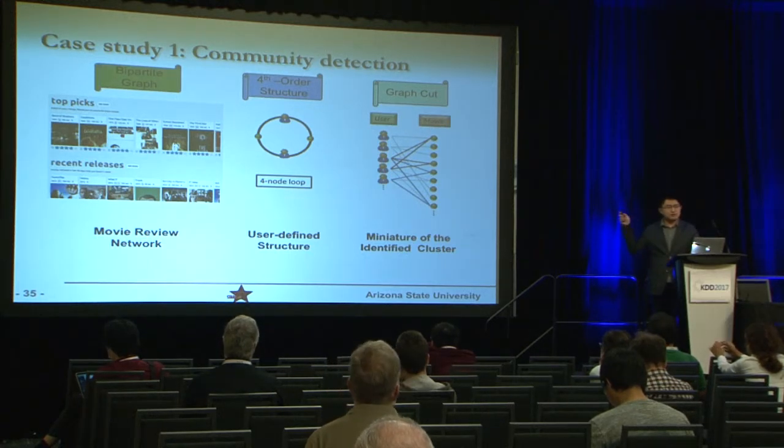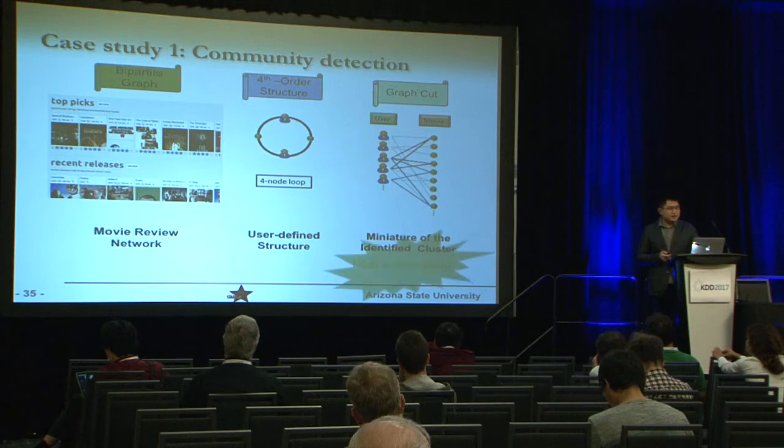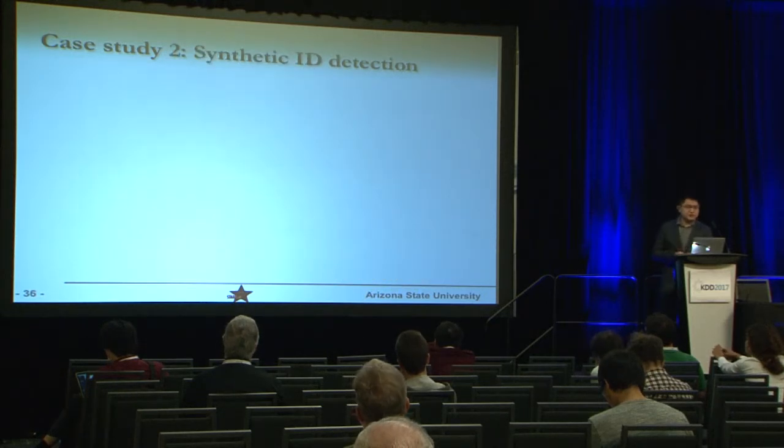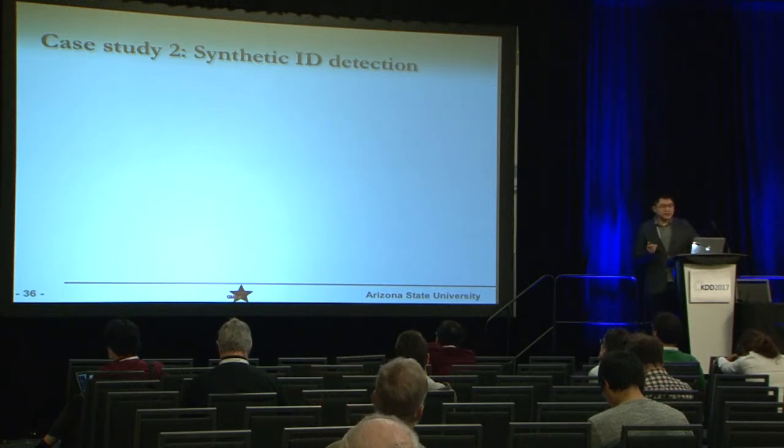We can see there are a lot of these structures in the returned cluster. We also find that in the found clusters, most of the users like movies about action and adventure, something like that.